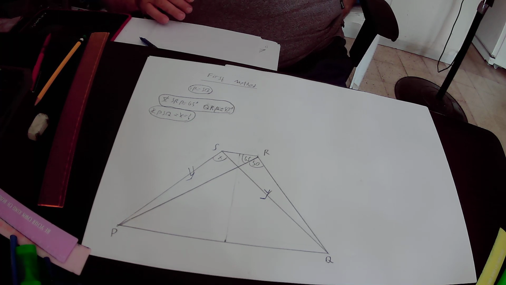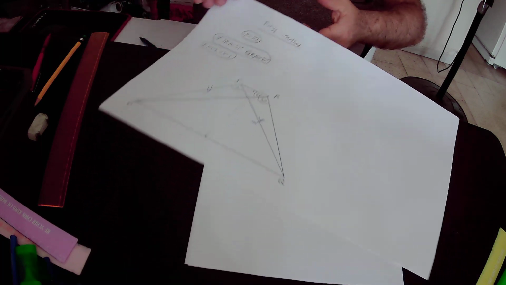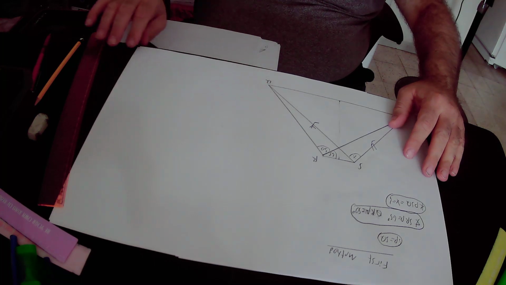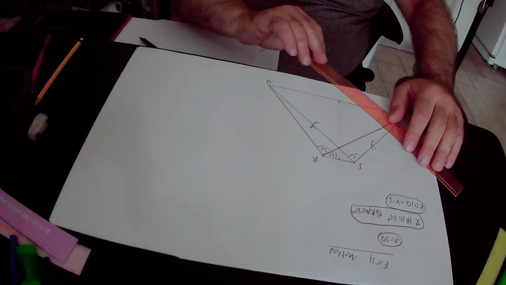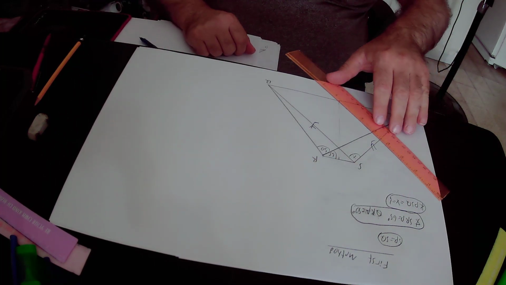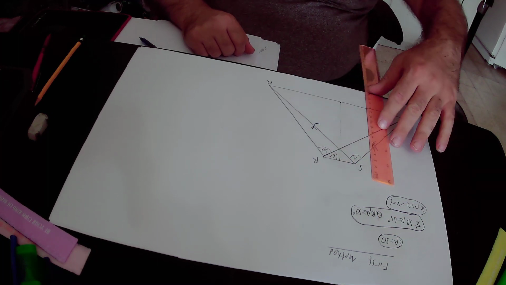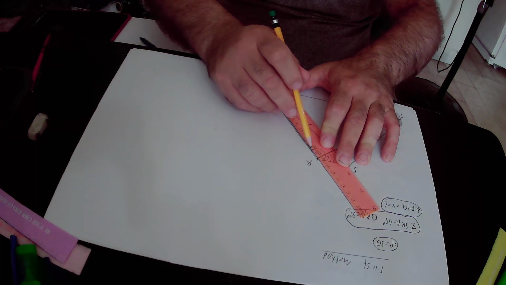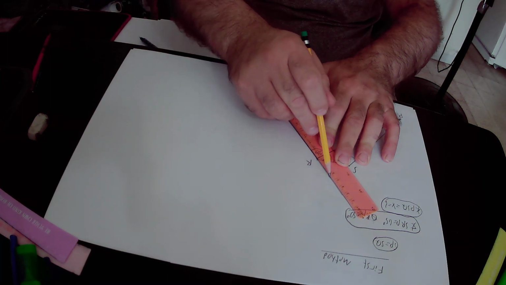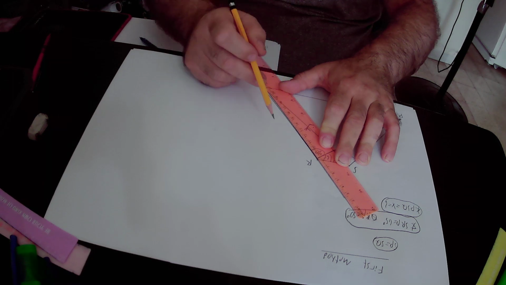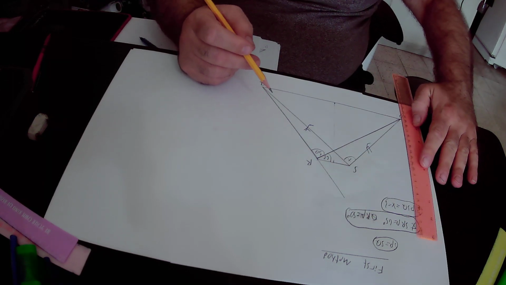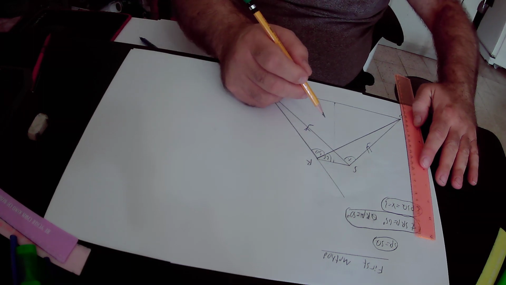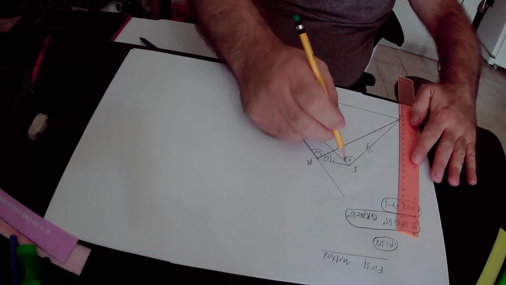In the first method we will make a construction. We will extend side QR and then from point S we will draw a perpendicular to the extended QR.